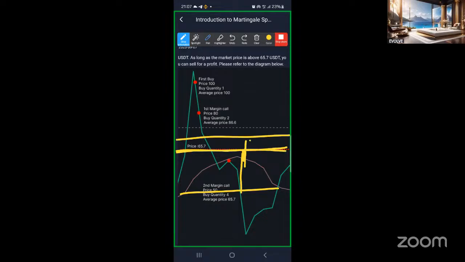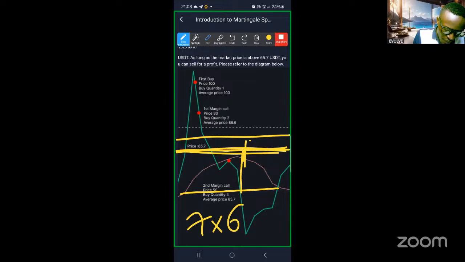Anything above, you can sell all 7 coins that you bought. Let us say $70.